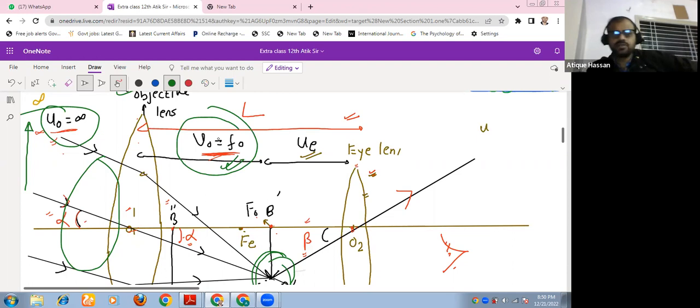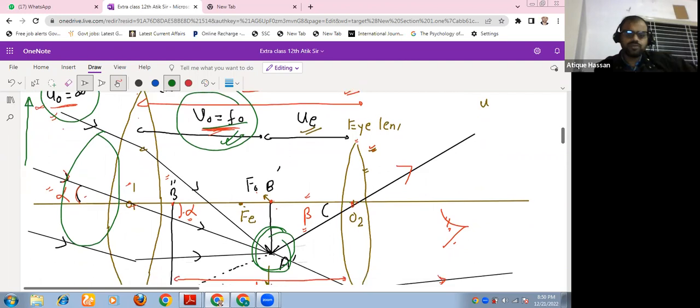I think all of you should have understood this. Because the light is coming from infinity, and when parallel rays are incident on a lens, they converge at the focal length of the lens. That is why v naught will be equal to f naught.